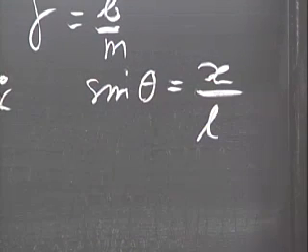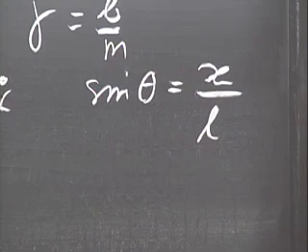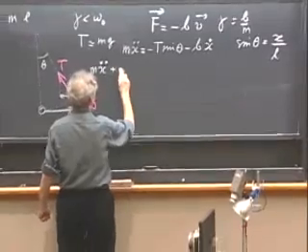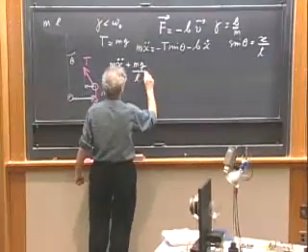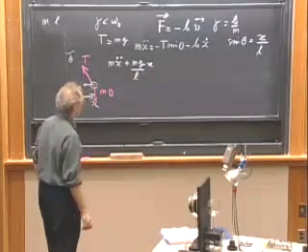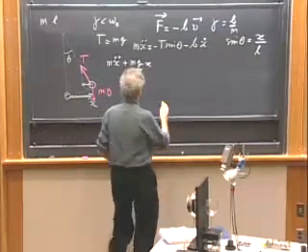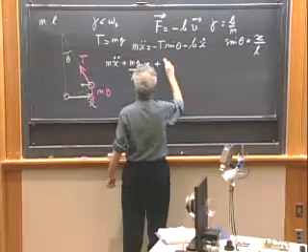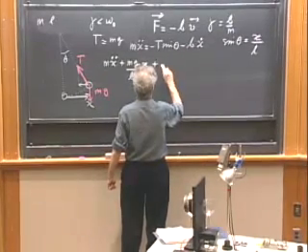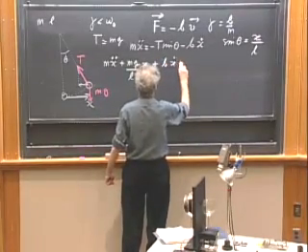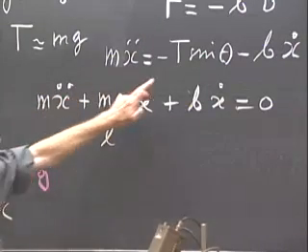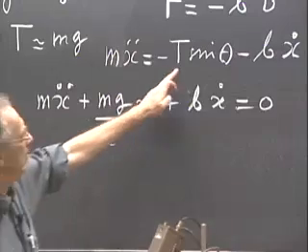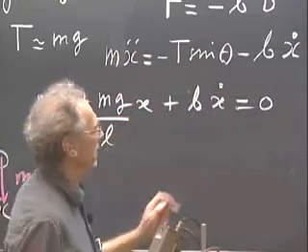So I get m x double dot plus mg divided by L times x, that is the sine of theta, plus b times x dot equals 0. Make sure I have this, m x double dot, I have the plus sign here, I have mg x over L, that's fine.